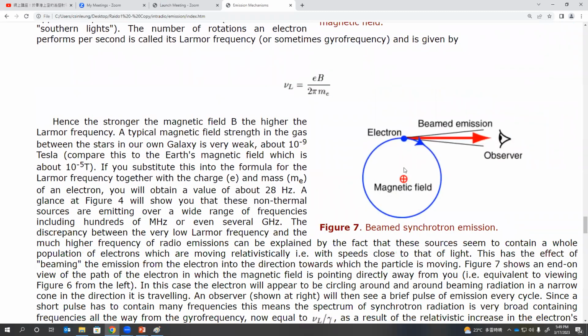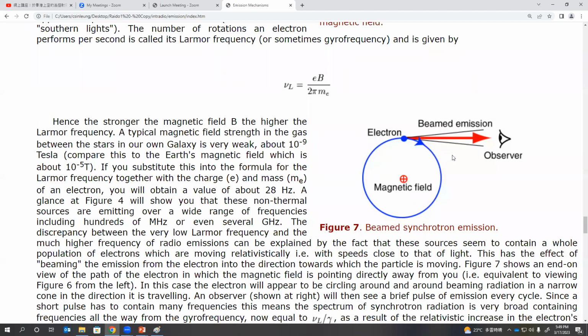You can use the right-hand grip rule. You can imagine the electron rotating, although the real path is helical, and they produce a beam of emission. This is called beamed synchrotron emission.